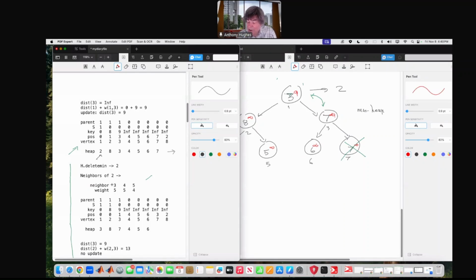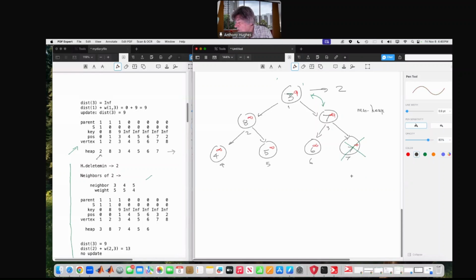Let's come back up here. If I draw the picture over here, we remove 2, which had distance, by the way, of 8. The neighbors are 3, 4, 5.